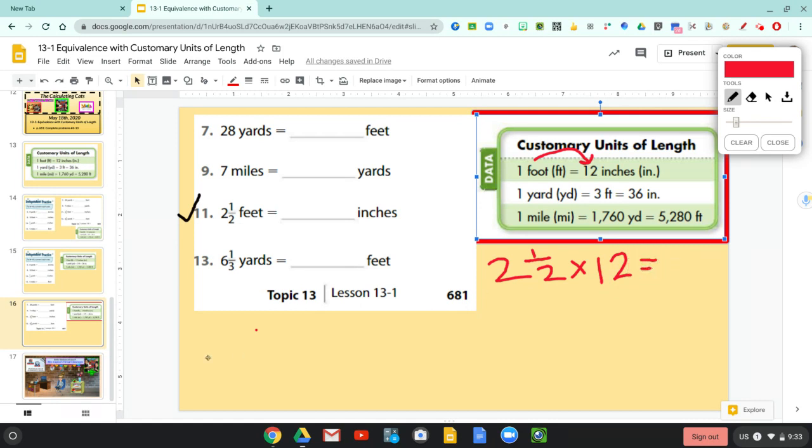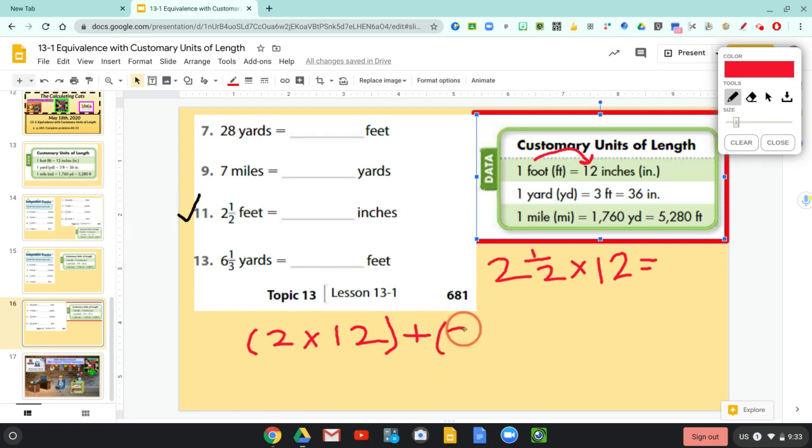All right, so first I'm going to take, in parentheses, the whole number times 12. So right here, 2 times 12. And then I put my parentheses on the end of that. Plus, I'm still mastering writing with this trackpad here.